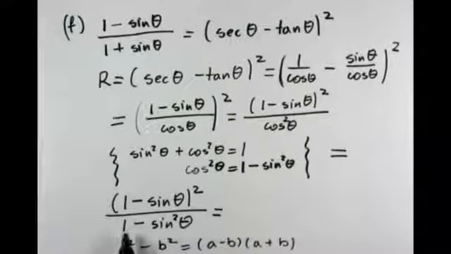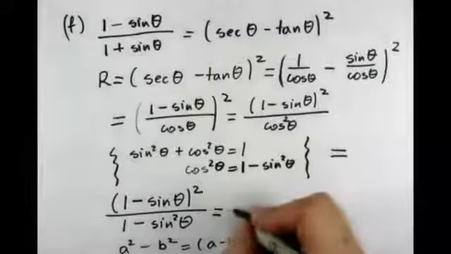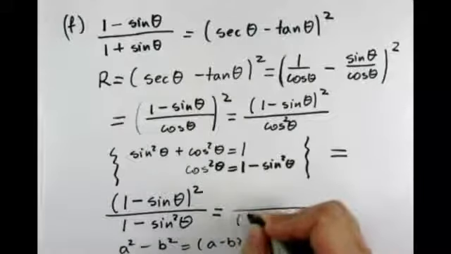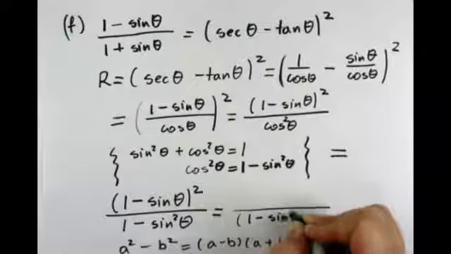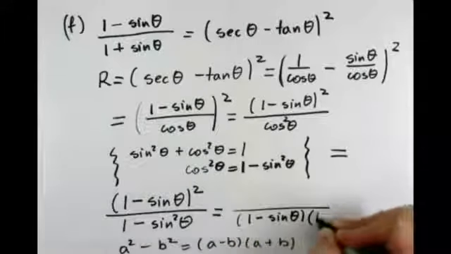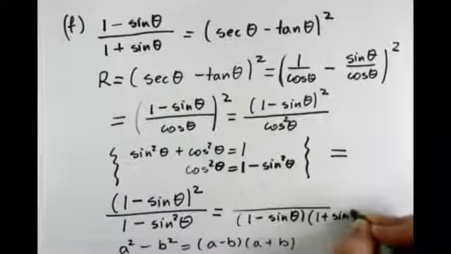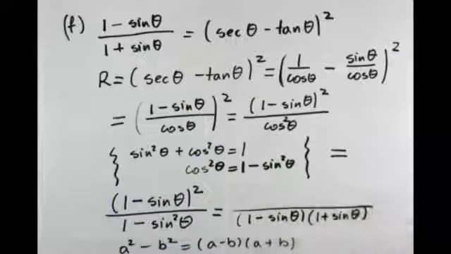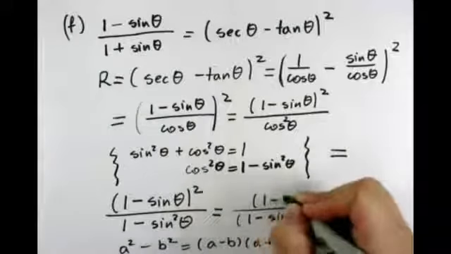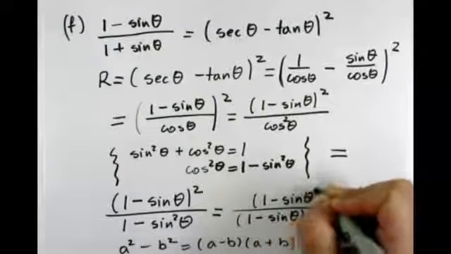Your 1 squared minus sine squared. So the bottom part can be factored: 1 minus sine theta and 1 plus sine theta. And on the top, I'm going to copy what I have, 1 minus sine theta and square it.